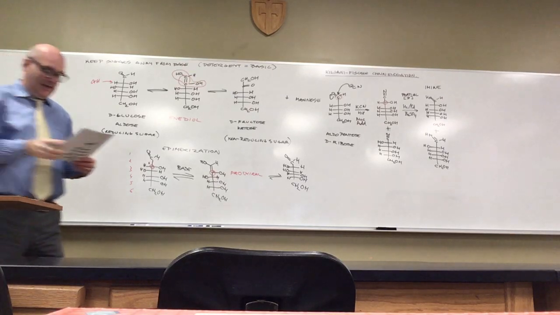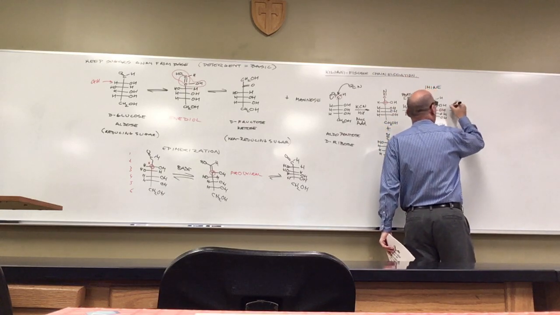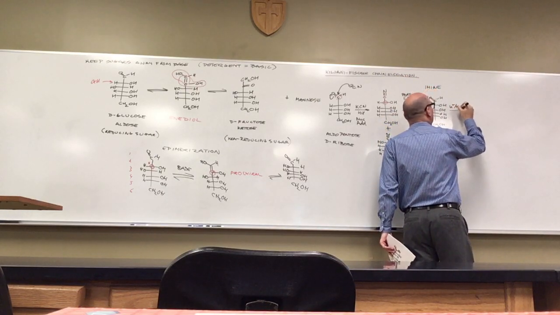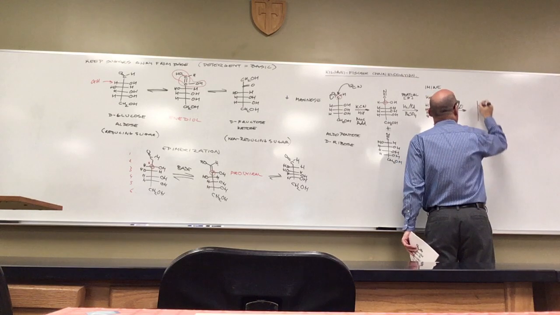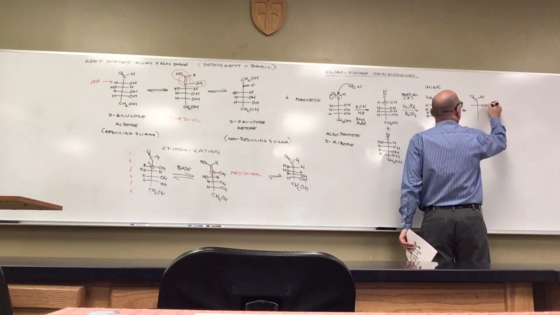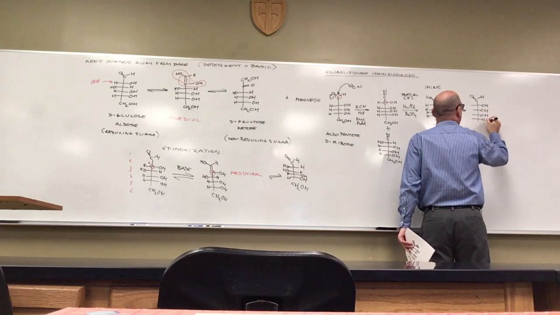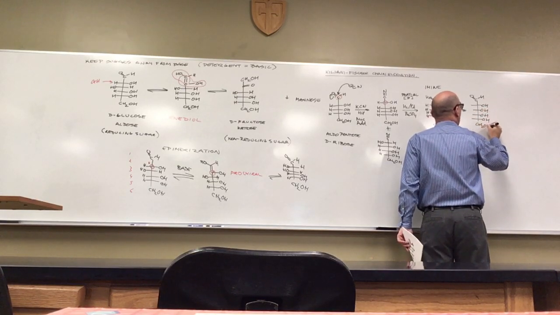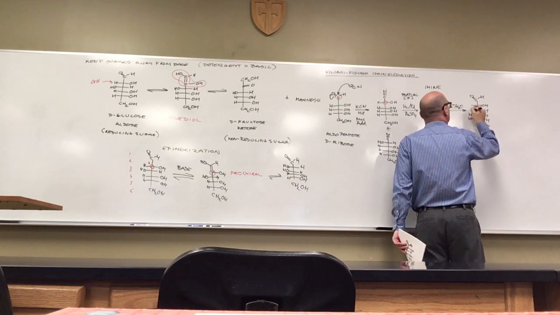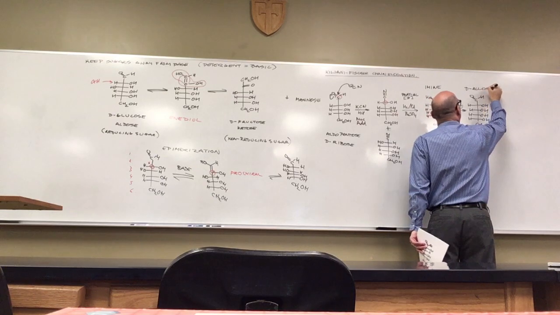All right, that's an imine, and if you hydrolyze the imine, here's just dilute acid hydrolysis. I can make the aldehyde from that. There you go. I make the allose.